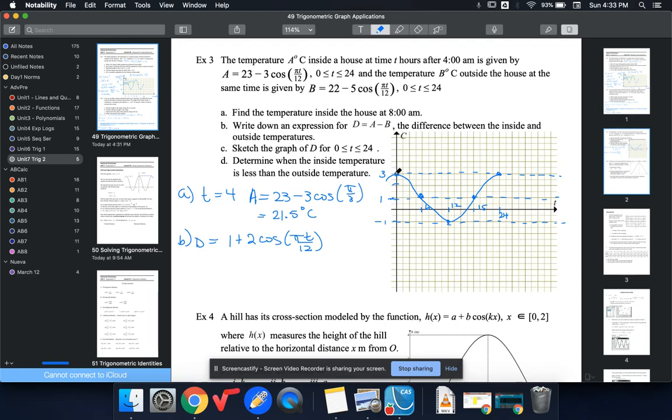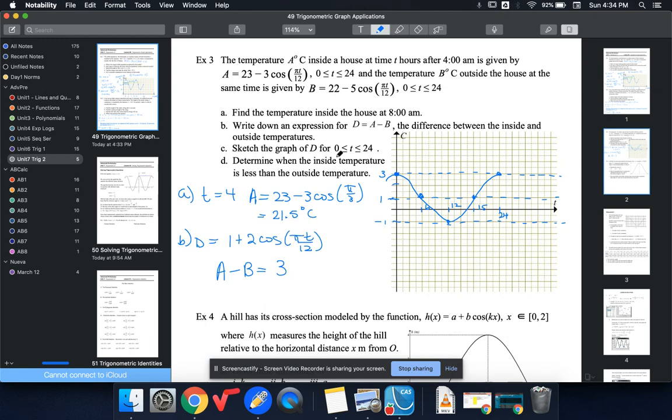So at 4 a.m., the difference between the outside temperature and the inside temperature, so I've got that outside minus inside, was positive 3 degrees. So it's 3 degrees warmer in the house than it is outside the house. Just to think about what's happening here.